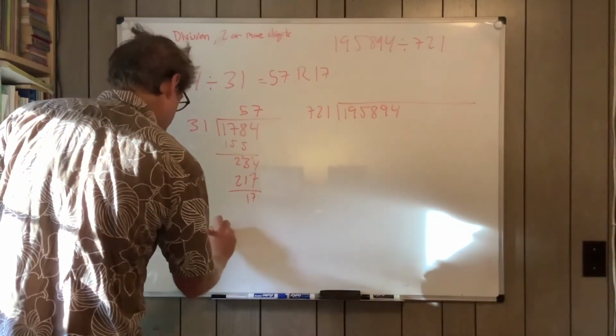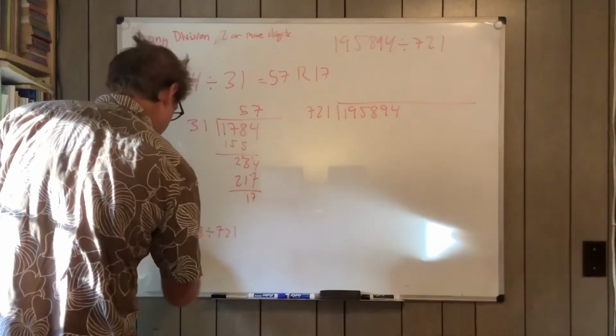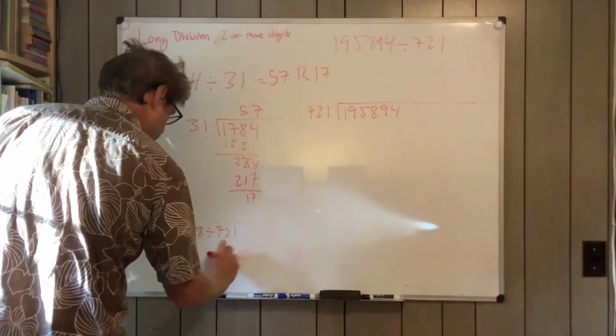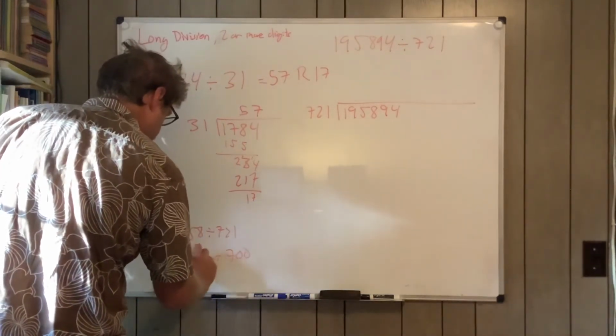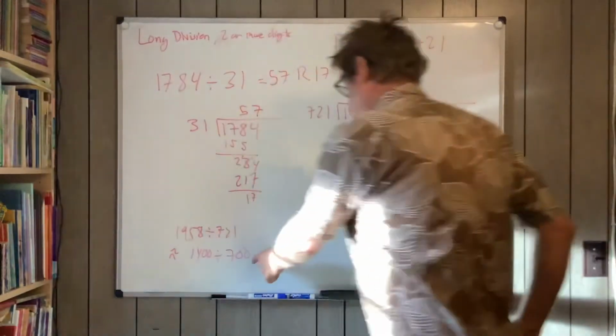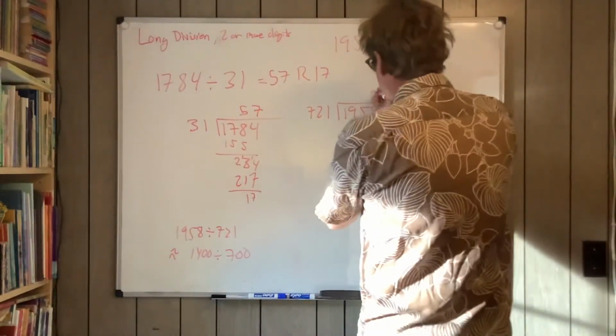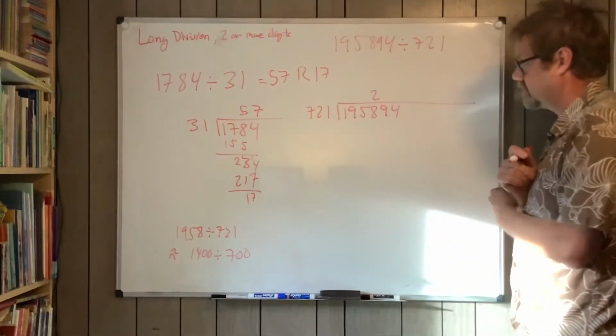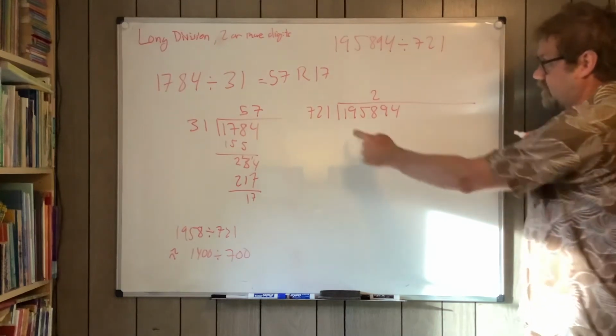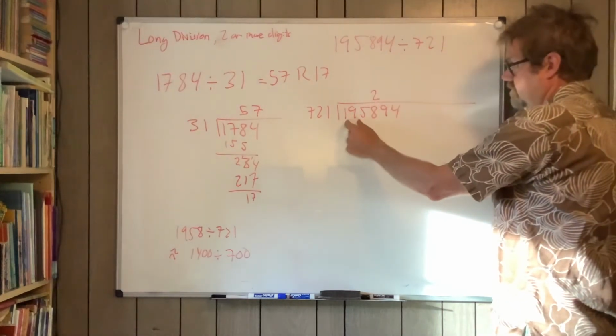1958 divided by 721 is about 700, and then I'm going to do 1400. So that's going to be 2, right? And remember, that's where I start, right?